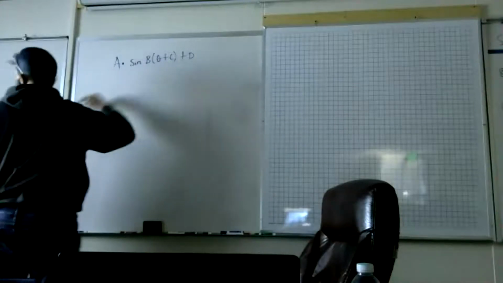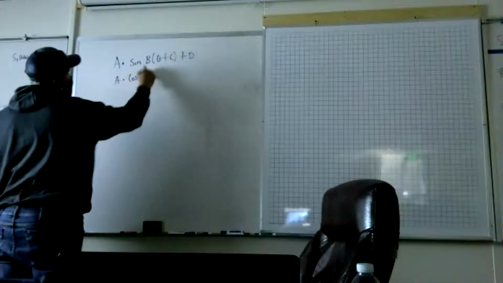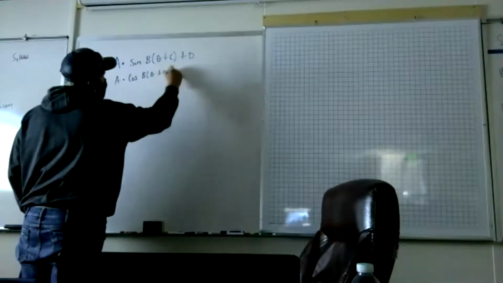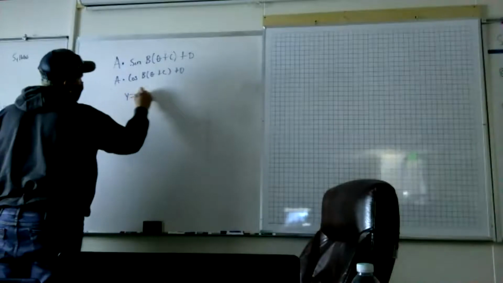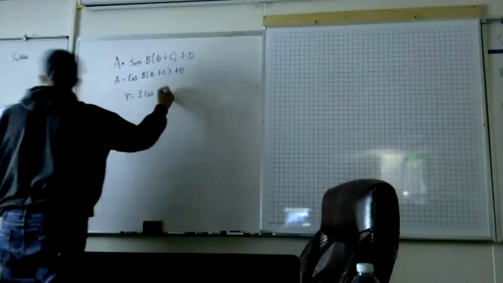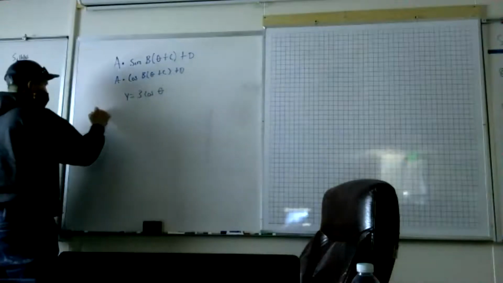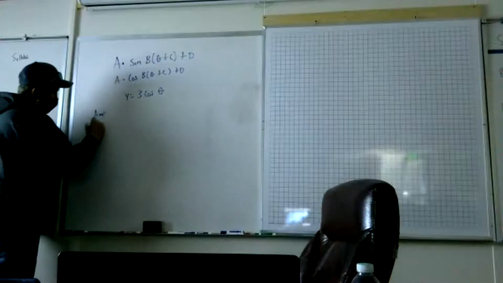This one, it's a cosine, so that's still going to be A times the cosine of B theta plus C plus D. So in this one, we have y equals 3 cosine of theta. So the amplitude is given from the absolute value of the A variable.